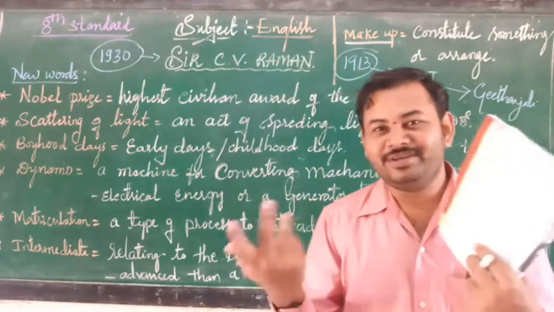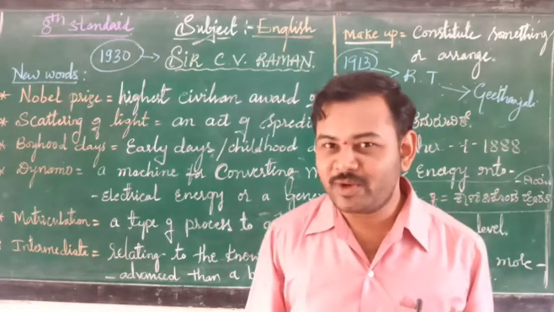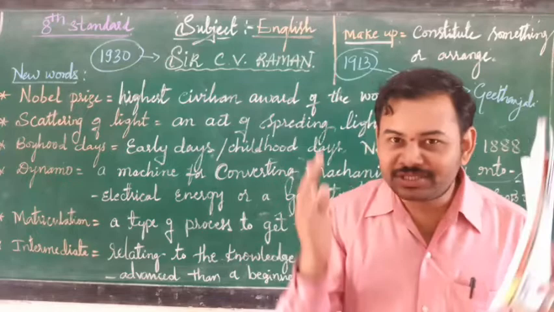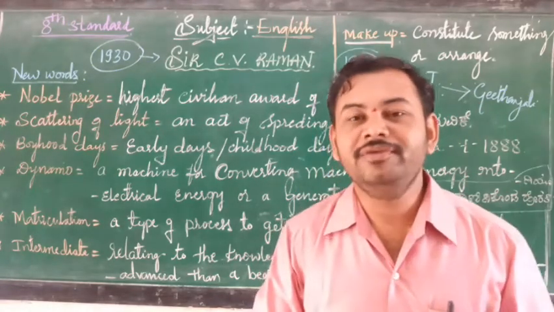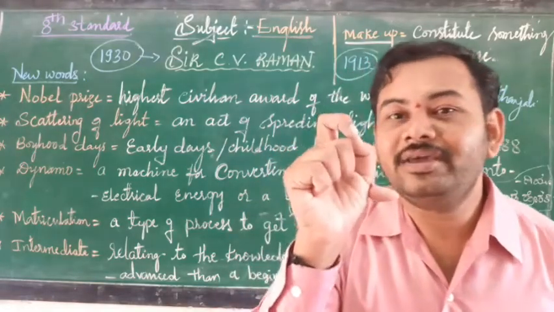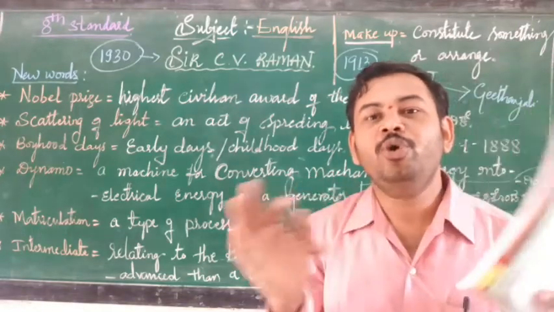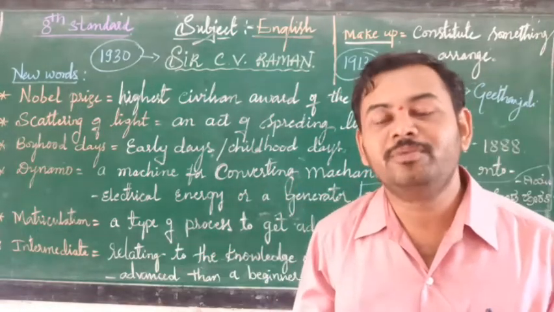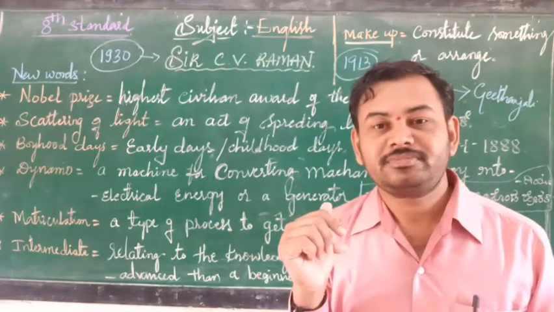Otherwise, sometimes it would collapse, losing its life. Got it? That is why Sir C V Raman initially thought that if he had taken economics and history in his BA course, there would be no life for his future. He thought like that.